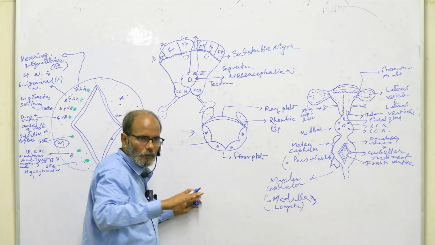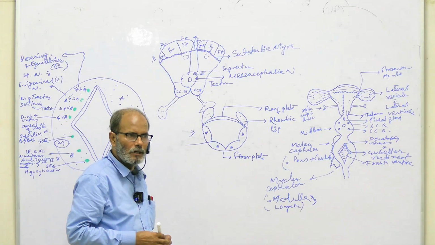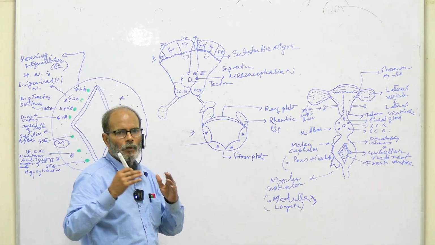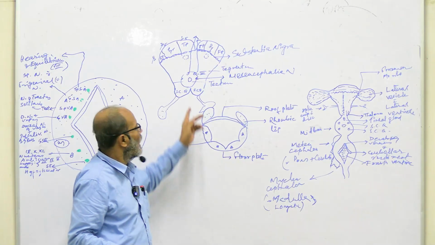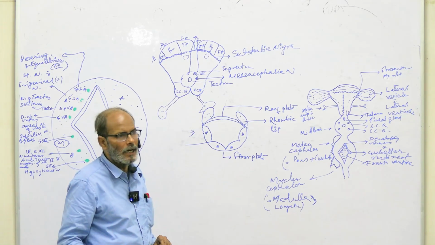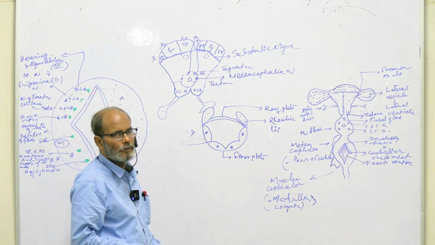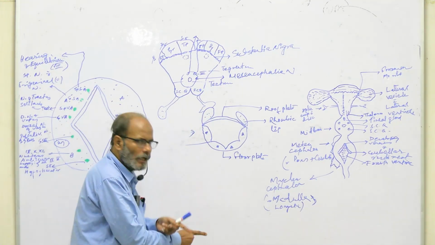Similarly, if you see a cross section through the midbrain at the inferior colliculus level, you will be able to see the trochlear nucleus right at the same position as it is at the superior colliculus level. The difference is that the trochlear nerve comes out towards the dorsal side after crossing its fiber.